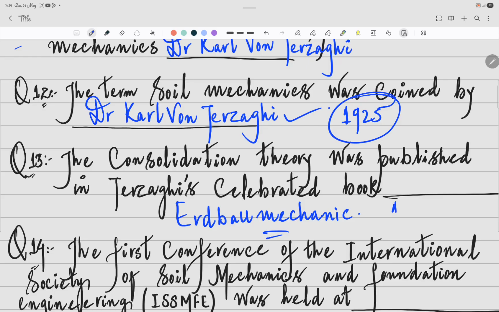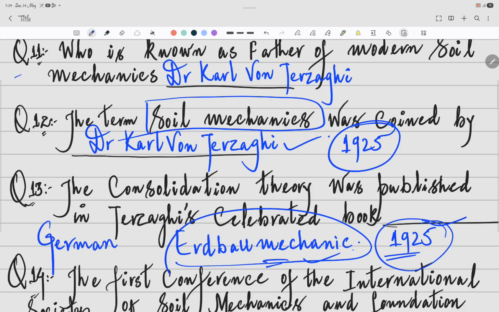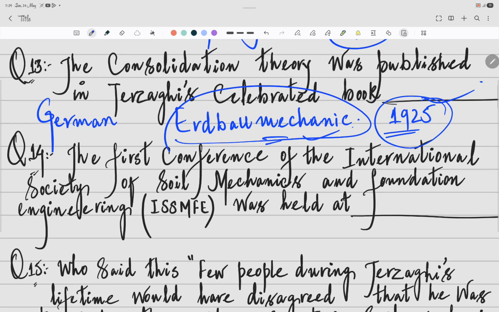It was published in the year 1925, and in this book, Dr. Terzaghi coined the term soil mechanics. It was published in German. So most of the initial research on the subject was done by none other than Dr. Carl von Terzaghi. All right, moving further, we have the next question.